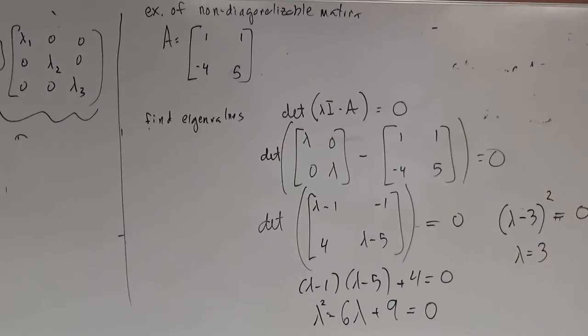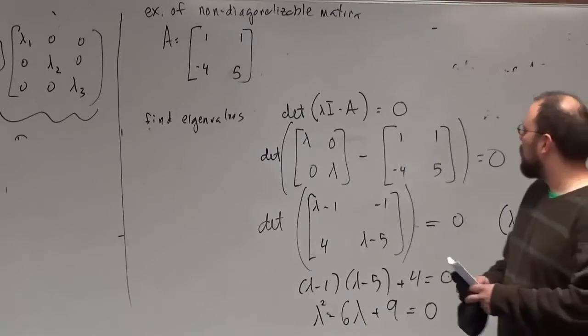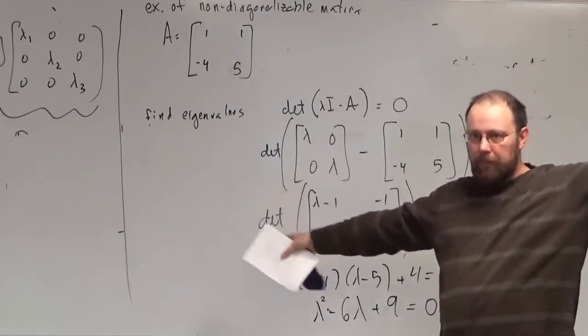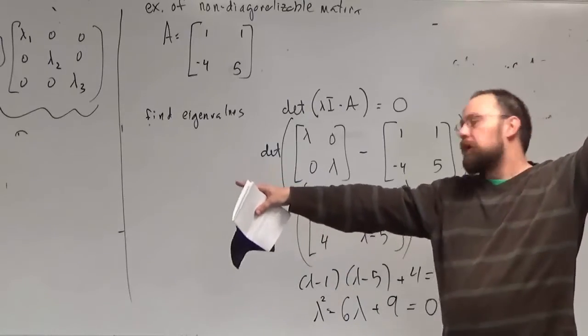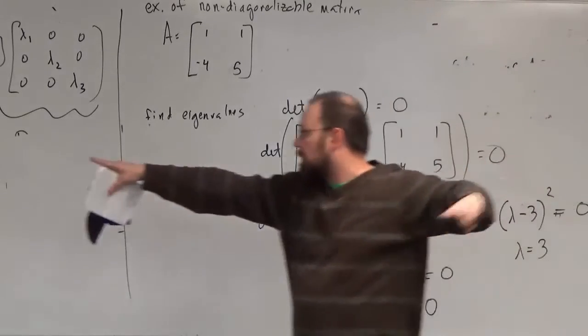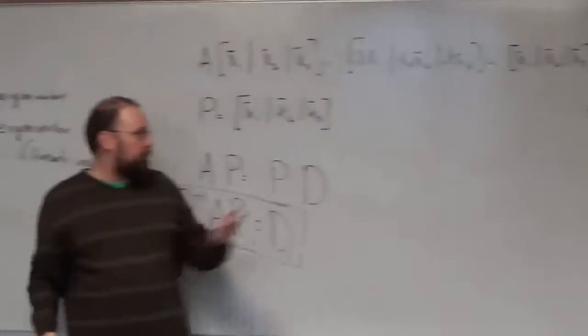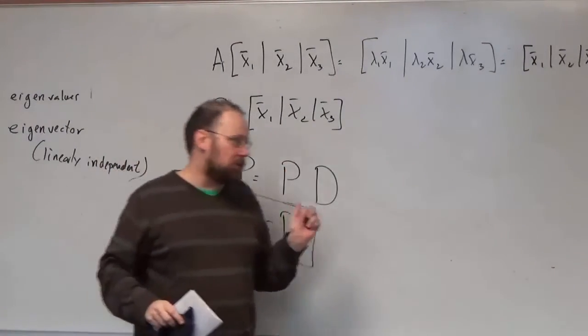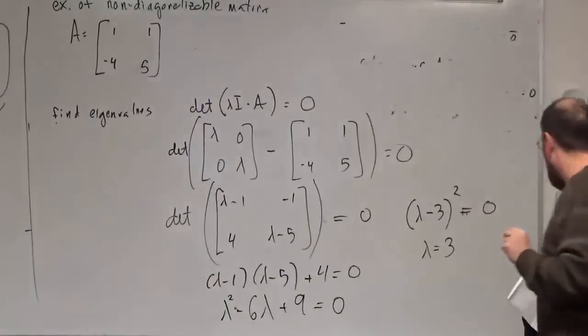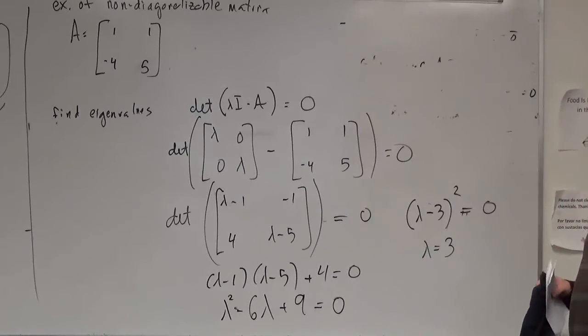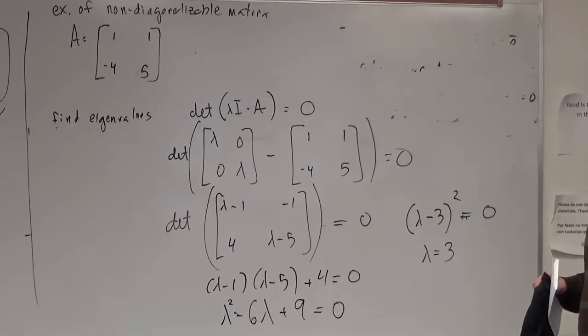Now, if we had two distinct eigenvalues, what can I say about the corresponding eigenvectors? Well, they're linearly independent, right? Because if they were distinct, then I know that I would have two linearly independent eigenvectors, and therefore I could follow this procedure and diagonalize my matrix. Here I only have one eigenvalue. But don't be fooled. It's possible that you have one eigenvalue, but two linearly independent eigenvectors.